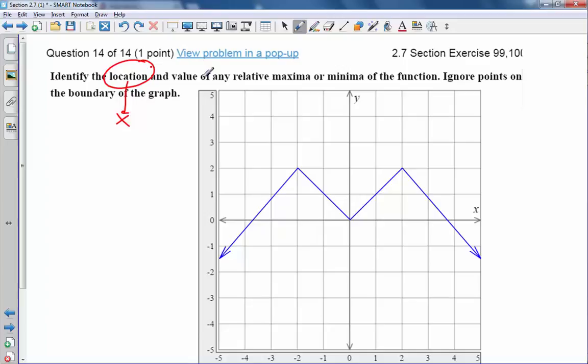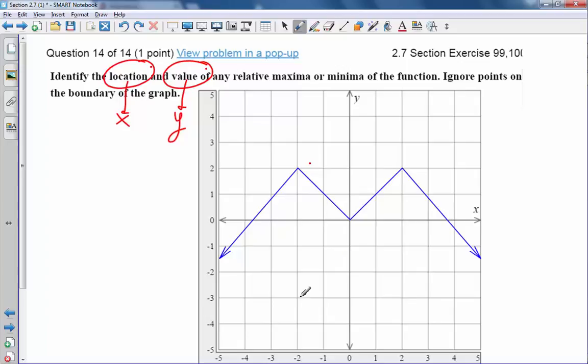And if they want the value, that means the y value of the peak. If they ask to identify the value of the maximum, they are asking for y. You need to point out how high this mountain is on y. And if they want location, you need to look at its x coordinate and find it.